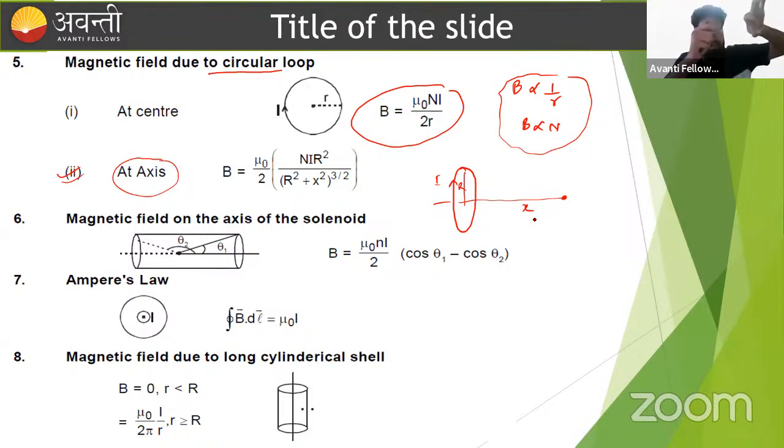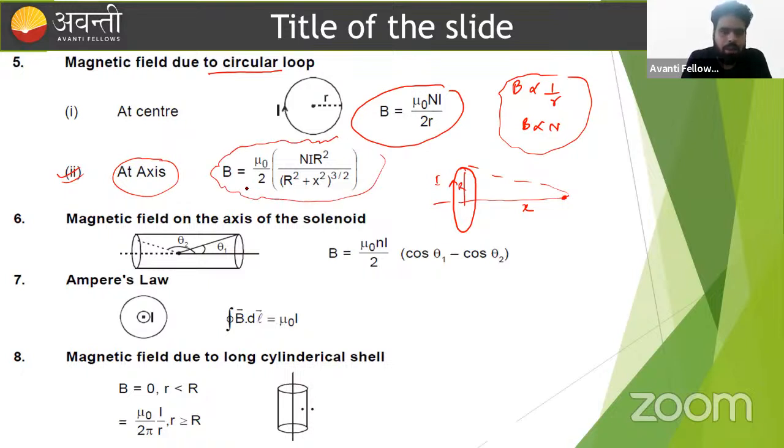I hope this is clear. We are already aware of this formula because we just came out of the examination. After 12th, this formula is very important: mu naught N i r square upon 2 times (r square plus x square) to the power 3 by 2. Beta, what is important in this formula?